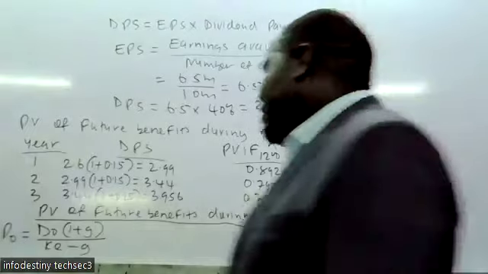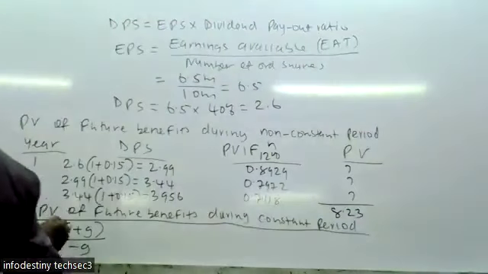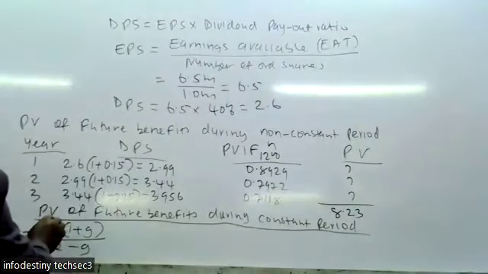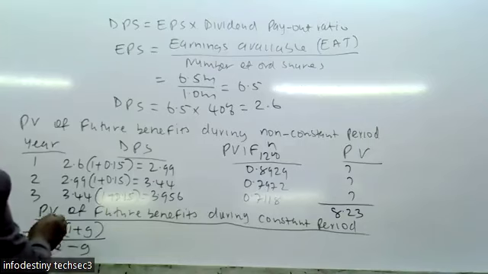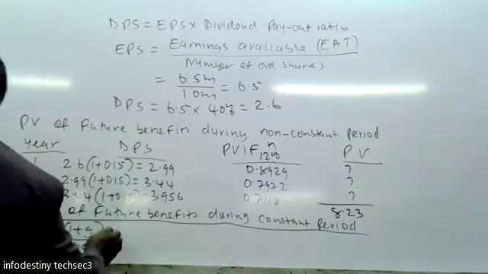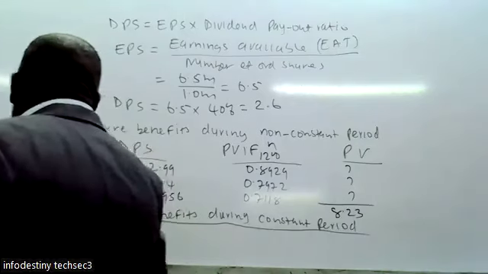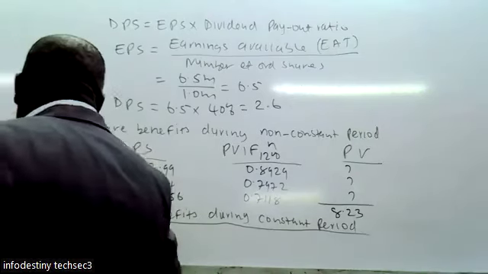But now D0 is in year 3, so we need to convert this to year 0. You discount it by multiplying by the present value interest factor.